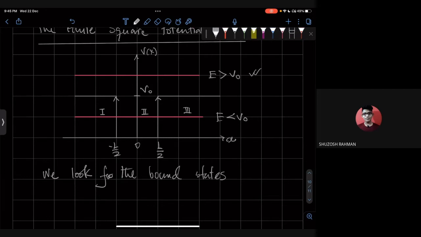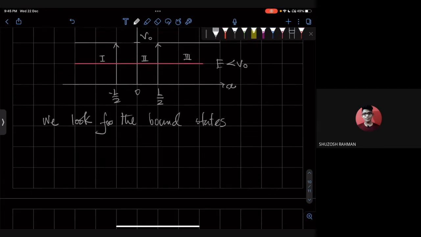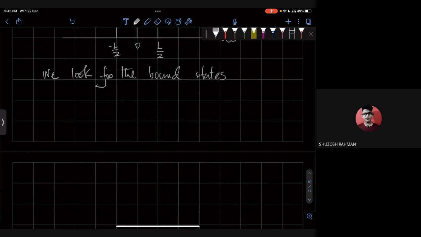Okay, all right, so regions 1 and 3 are easy to solve, so let's do that first. In regions 1 and 3, psi is of the form some constant A times e to the power minus K1 x, plus B e to the power plus K1 x.